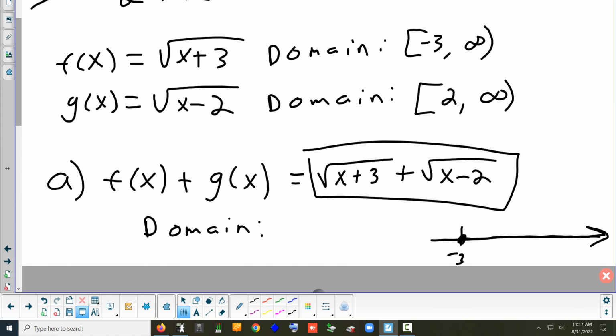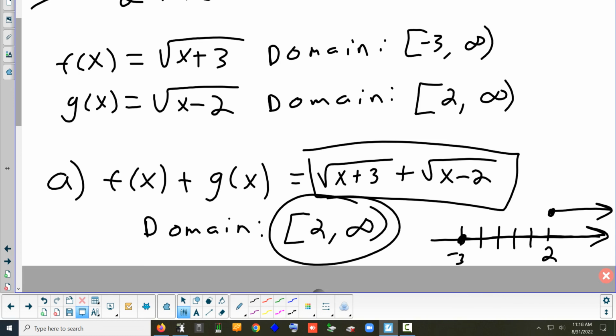G of x includes everything from, let's just say it's -2, -1, 0, 1, 2. G of x includes everything from 2 to the right forever. So we're basically looking for the overlap. Overlap is 2 to infinity. Any questions on that? That's the domain.